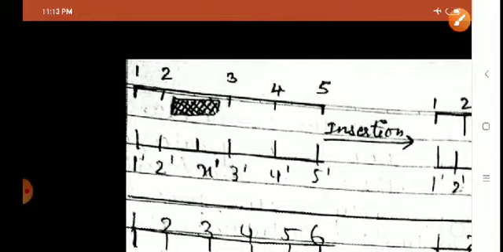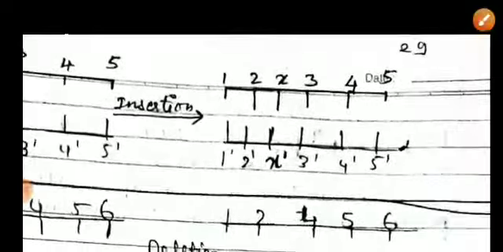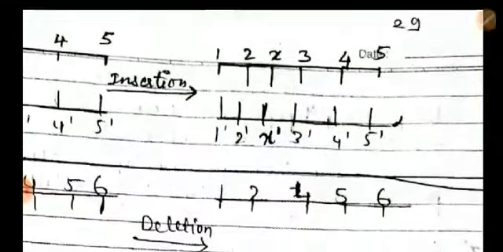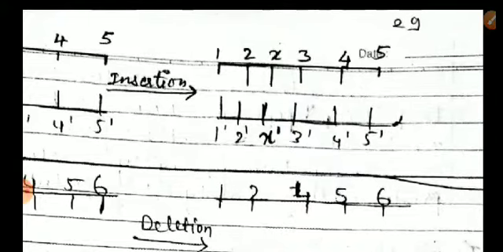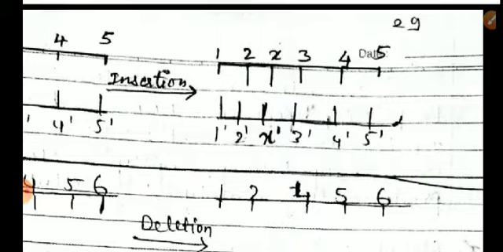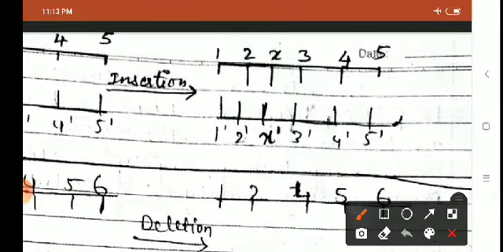Now what will happen in the next generation? Because the X dash molecule is present in the newly synthesized strand, in the second replication a base X will be added against X dash, and hence the length of the DNA strand will increase.